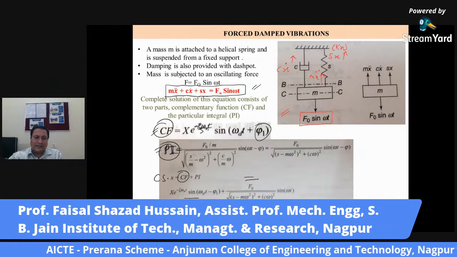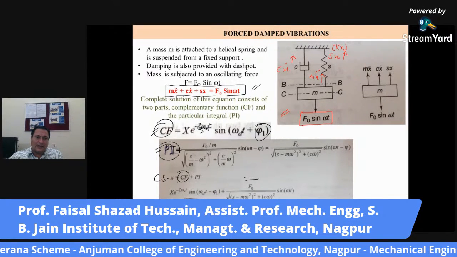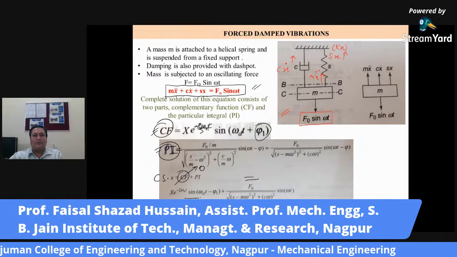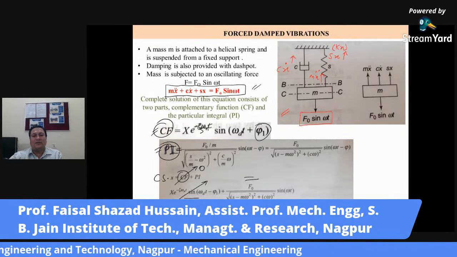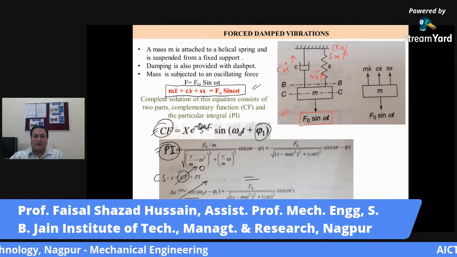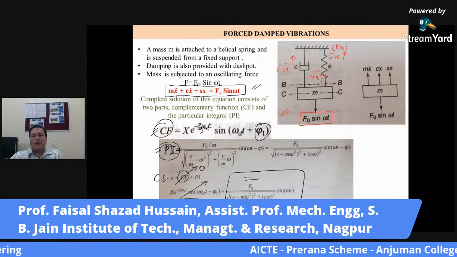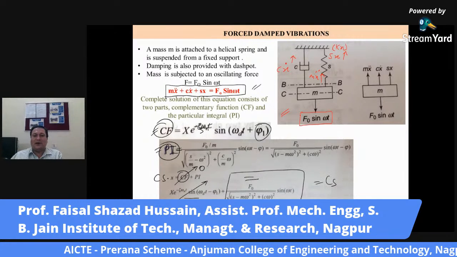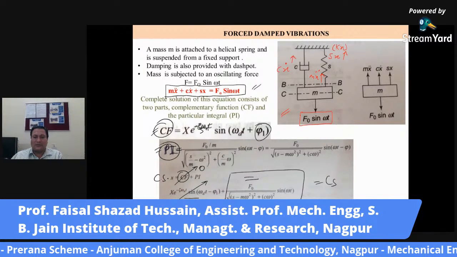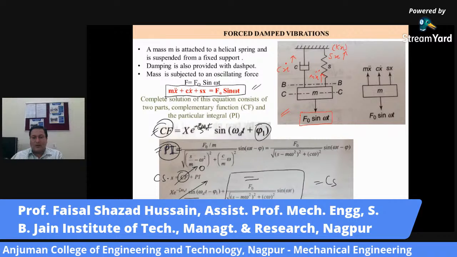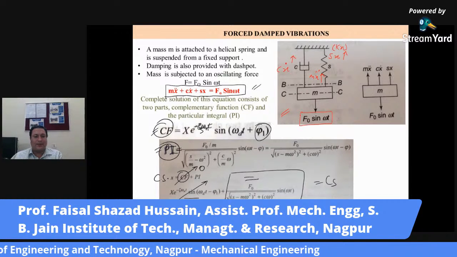So generally this CF is negligible with respect to time, so this term will be 0. So the complete solution will be equal to the particular integral, and it will be just Fo upon under root of s minus m omega square, the whole square, plus c omega, the whole square, into sin omega t.